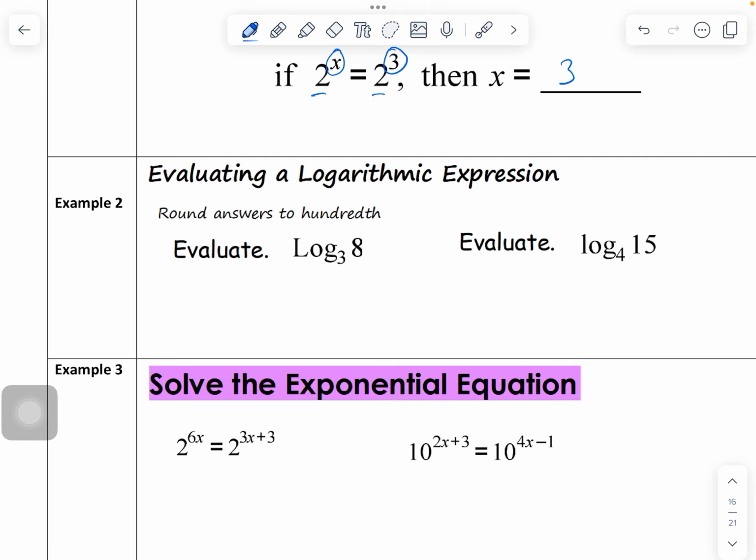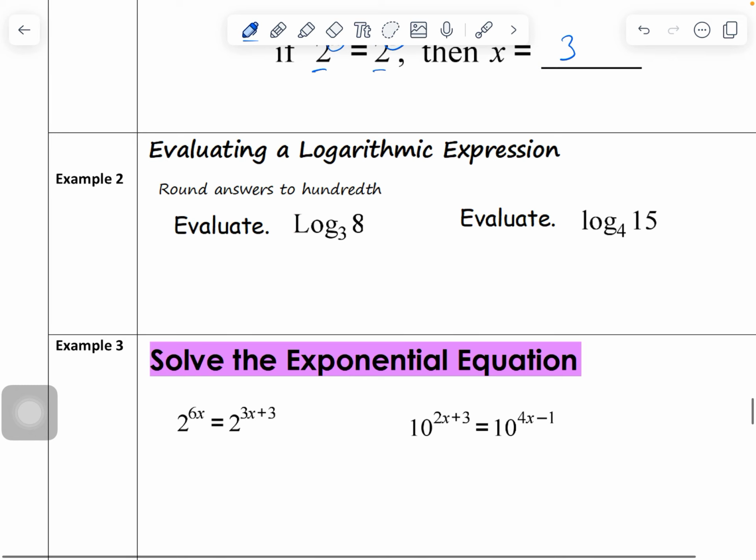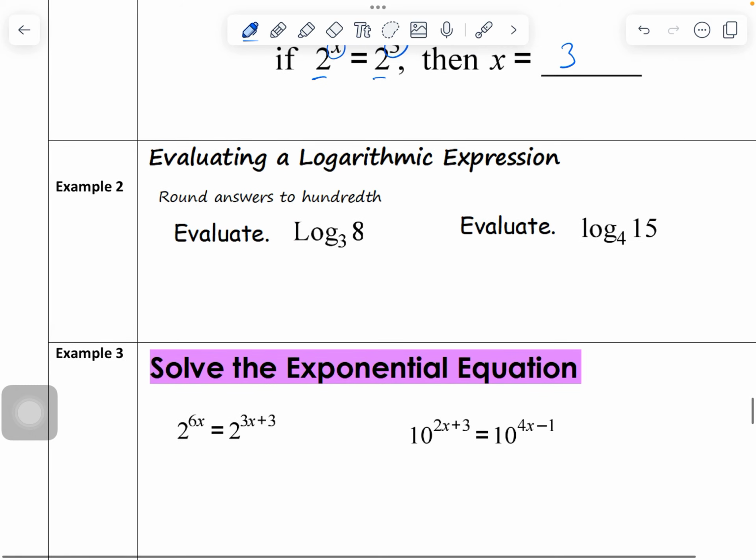The same is true when we're talking about exponents. Oh, I need to teach you the change of base formula, because that's going to be a part of our solving.